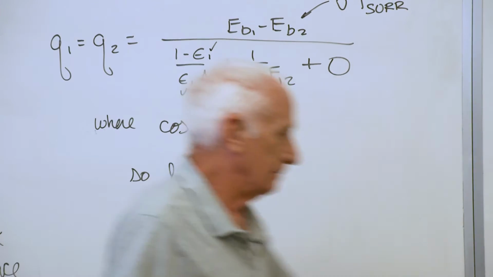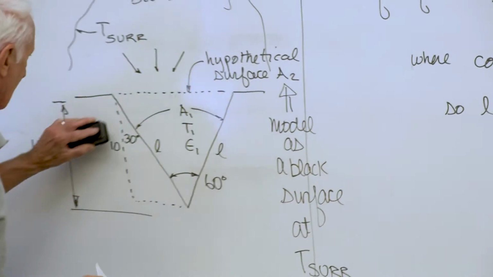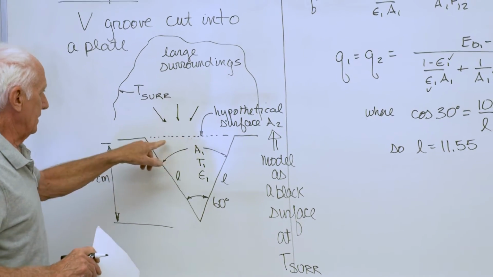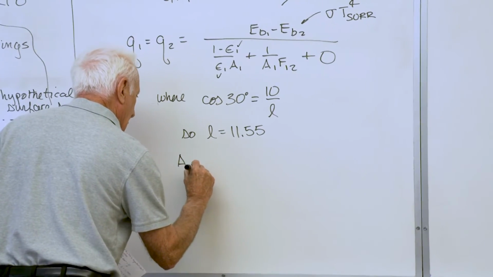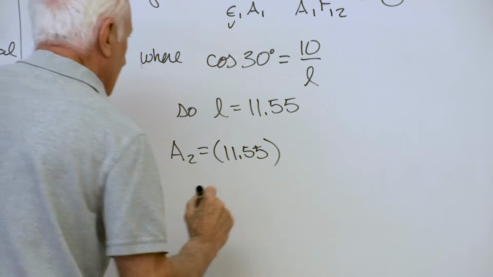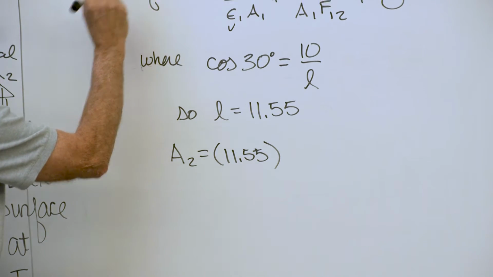My picture right there. Adjacent over hypotenuse. I want the hypotenuse L. A2 is one side of that, so A2. If you want, you can use primes here.